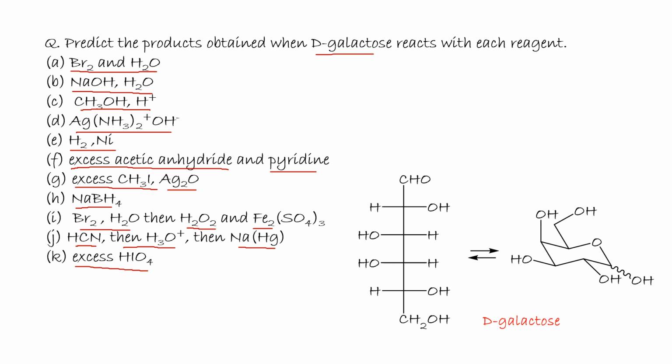Well, this is the structure of galactose, open structure and cyclic structure, in tautomeric forms. Open structure, cyclic structure.